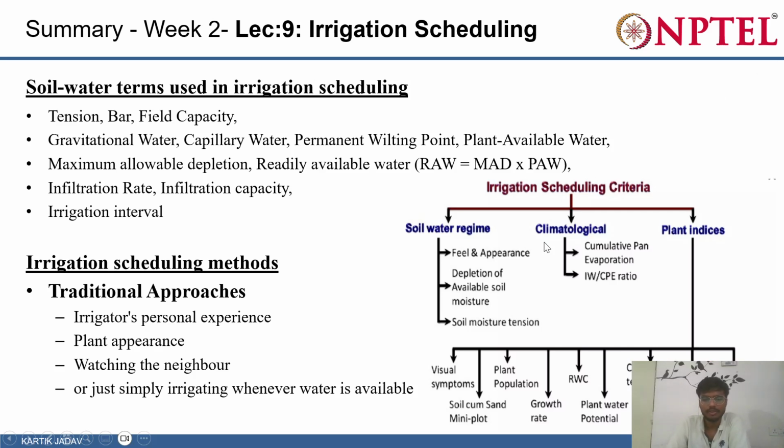So for that we have different methods that we are also using, and a certain climatological approach like cumulative pan evaporation or irrigation water by cumulative pan evaporation ratio.